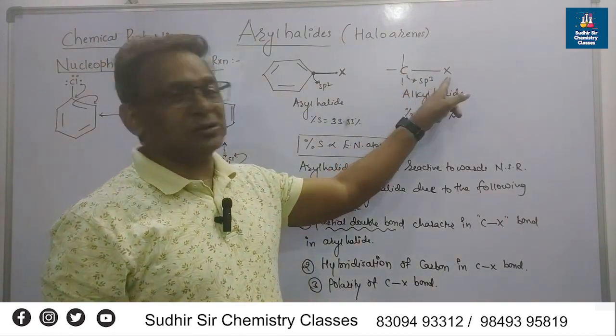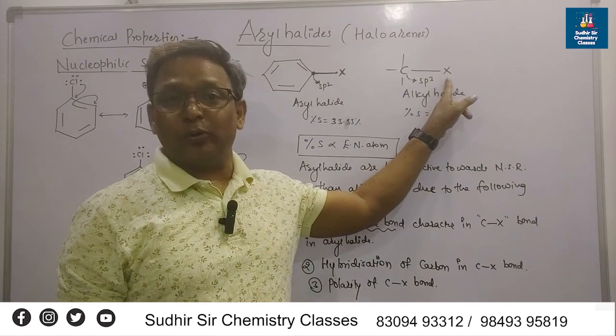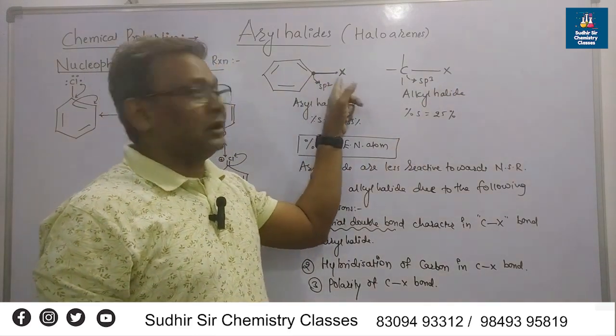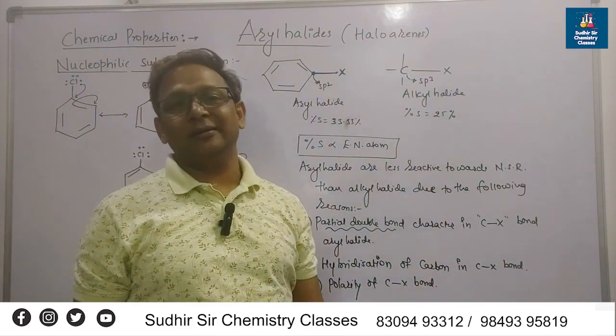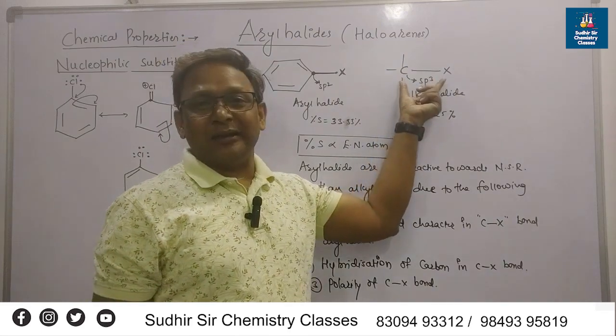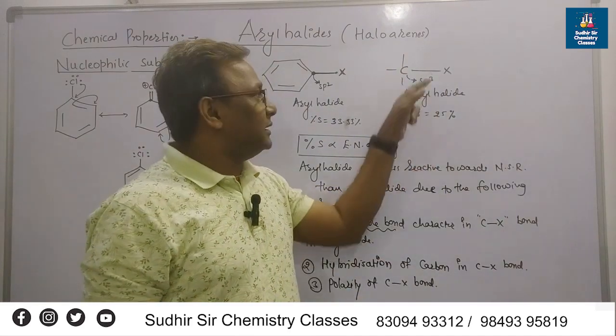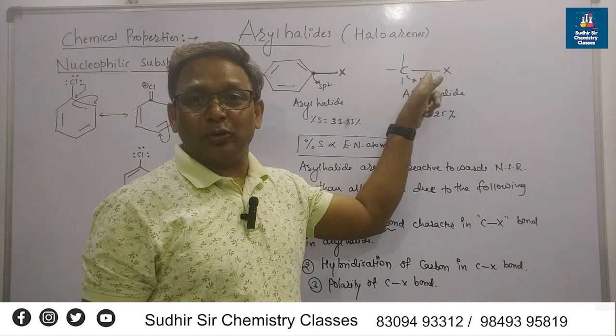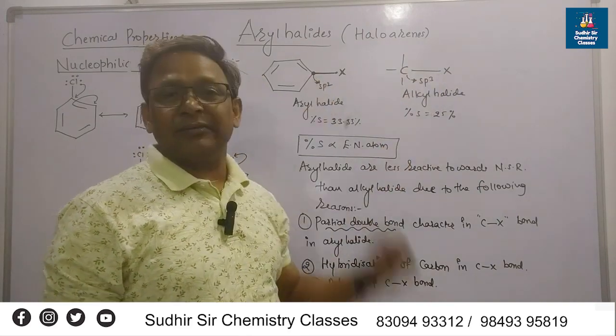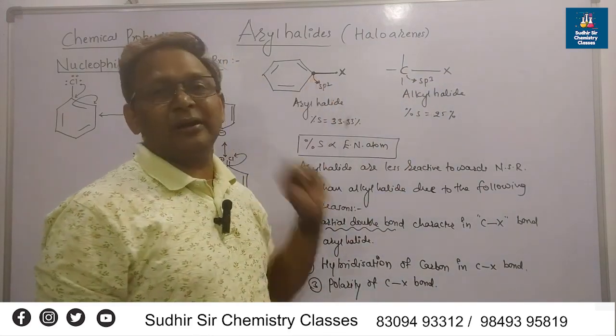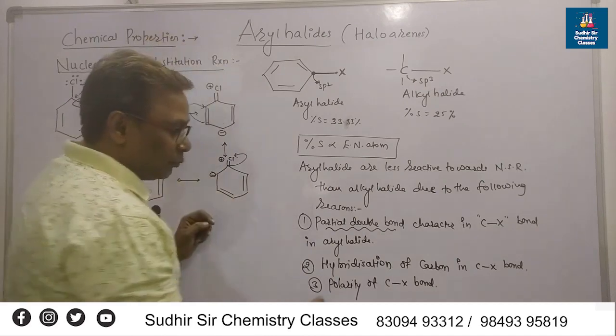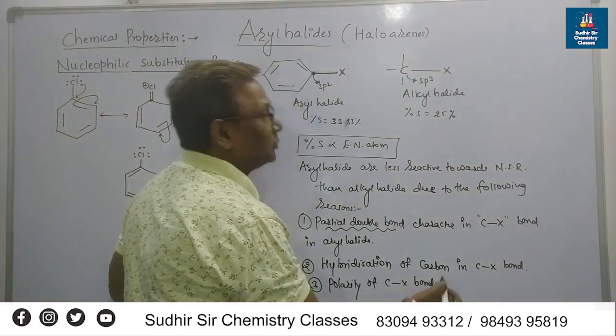The carbon-halogen bond of alkyl halide has more polarity than the carbon-halogen bond of aryl halide. So greater the polarity, the more easily the bond will break, and the more reactive it is toward nucleophilic substitution reaction than the carbon-halogen bond of aryl halide. Is it clear? Polarity of the carbon-halogen bond means what to say?